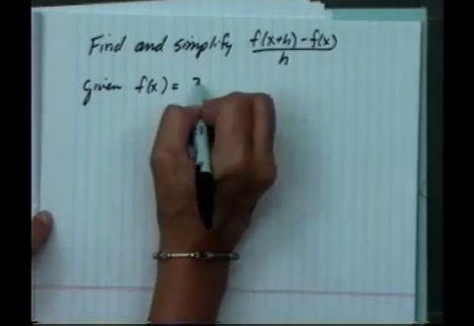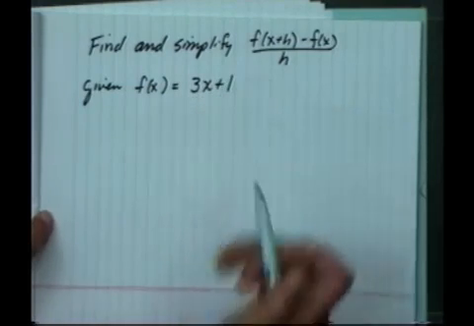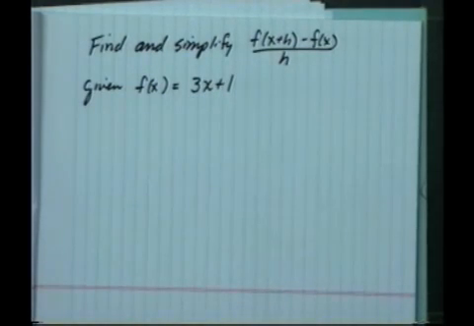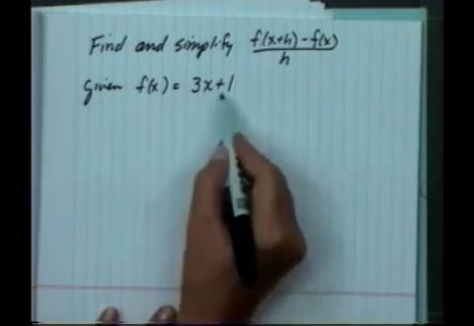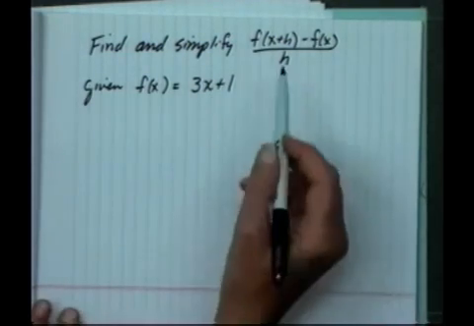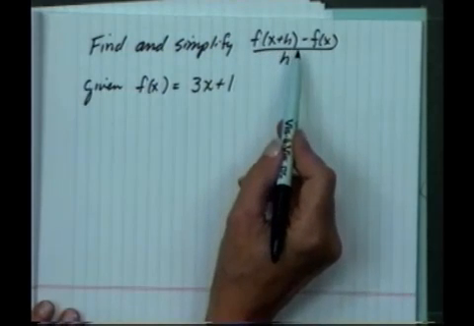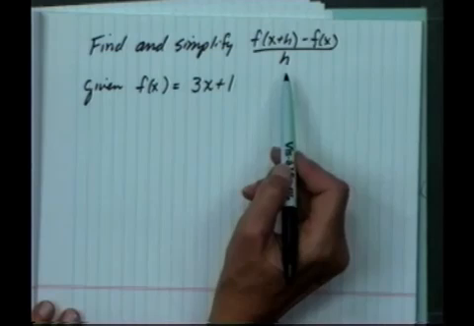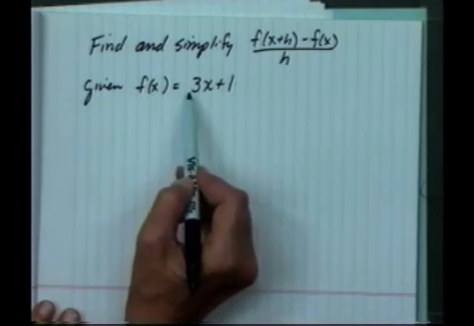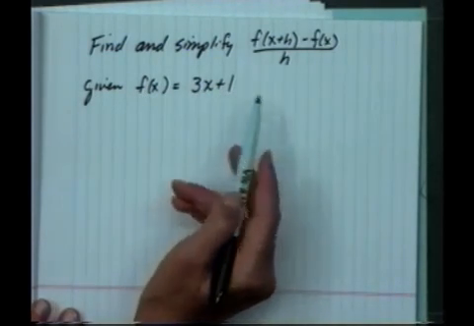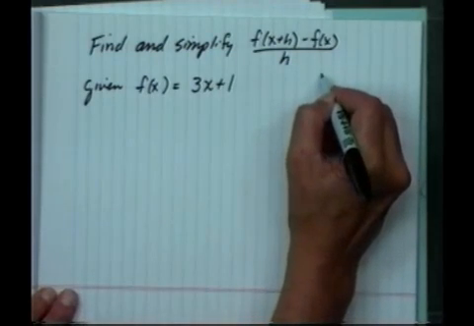Each one will get a little more interesting than the other. f of x is defined to be 3x plus 1. All right? Now, before we even start this, let's analyze this a little bit. We're going to find and simplify this difference quotient, f of x plus h minus f of x over h, given the function f of x is 3x plus 1. All right, what's this graph look like, everybody?